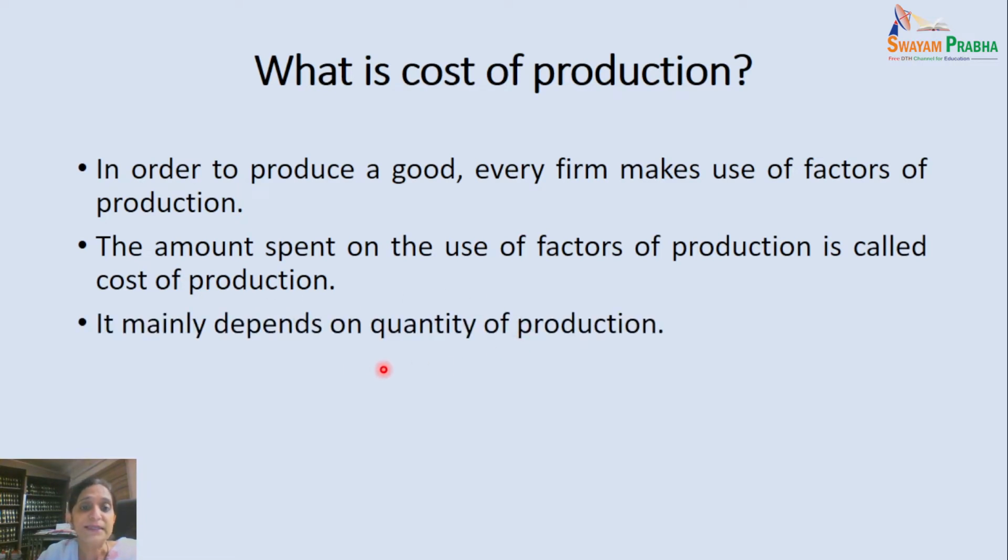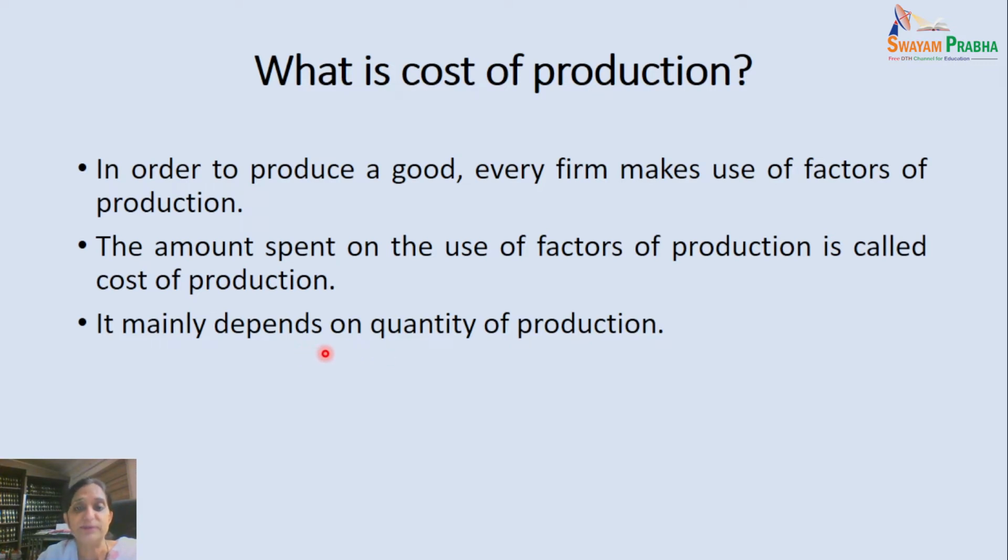Basically, what we are saying is that the cost of production will be dependent on the quantity of production. If you produce more, you would be requiring a greater number of inputs. Therefore, you will have to spend more on these inputs, leading to a higher cost of production.